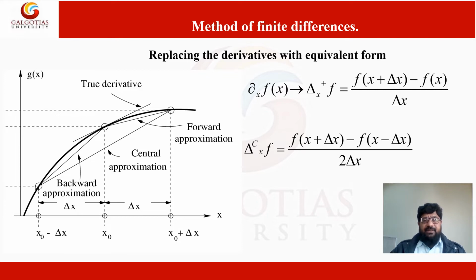What we do in finite difference, we discretize this whole line into many parts, and we have some nodes, for example x naught, x naught plus del x and x naught minus del x.